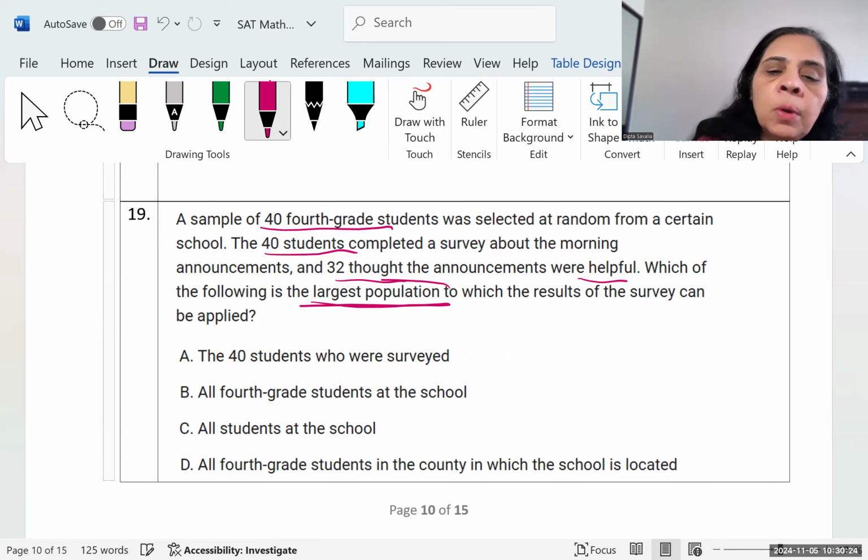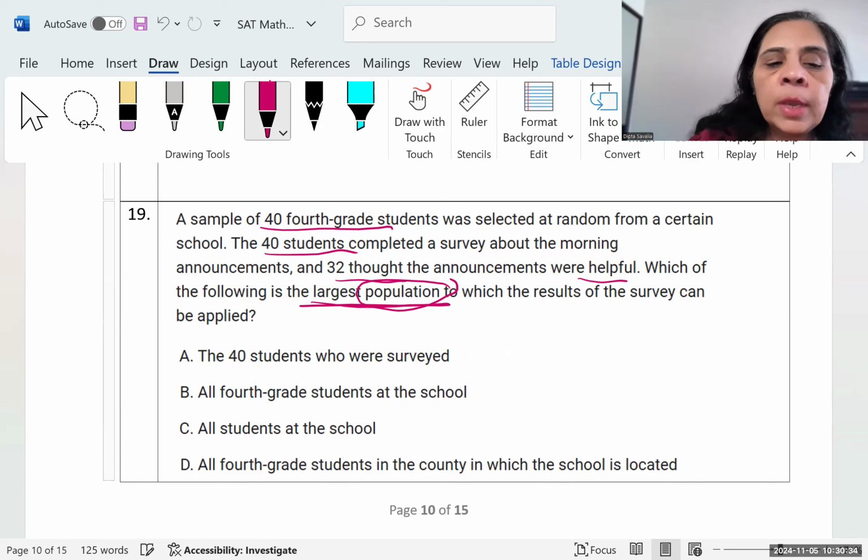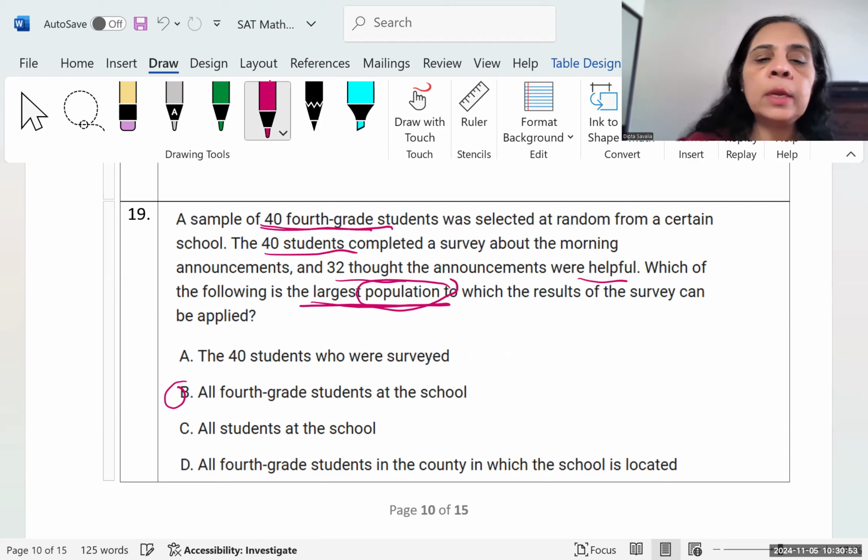What does population mean? Population means the whole thing, the entire group we are talking about. So let's see here. The 40 students who were surveyed, that's a sample. 40 is the sample. All fourth grade students at the school: that makes sense because the 40 students were chosen from fourth graders. So that's B.